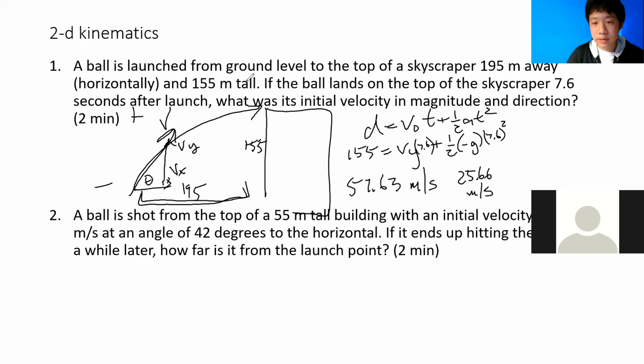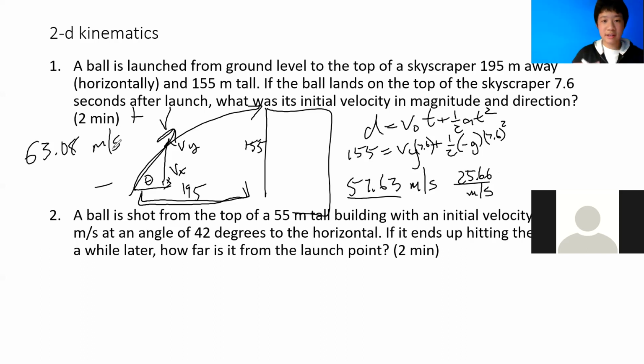Okay, so now we have our vy, we have our vx. We can use the Pythagorean theorem to solve for our actual velocity. So that's going to be 57.63 squared, adding to 25.66 squared, taking the square root of that, 63.08 meters a second.